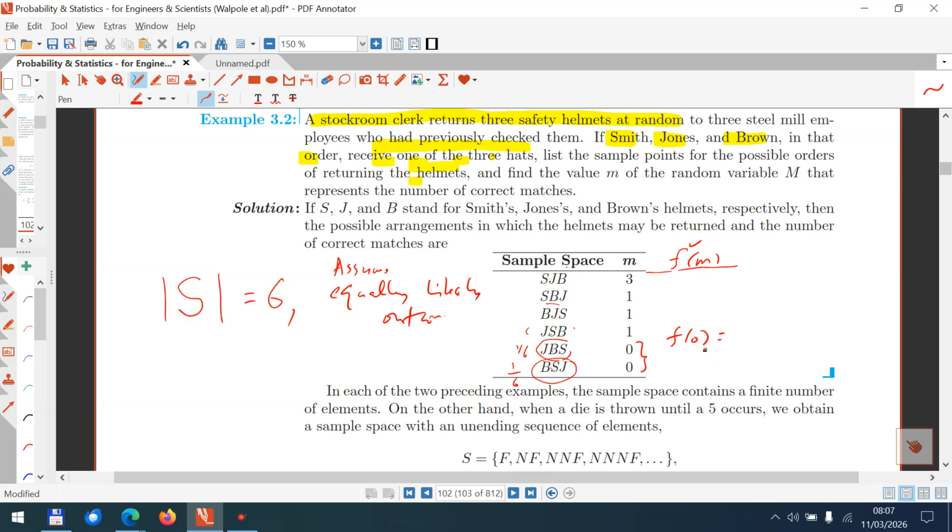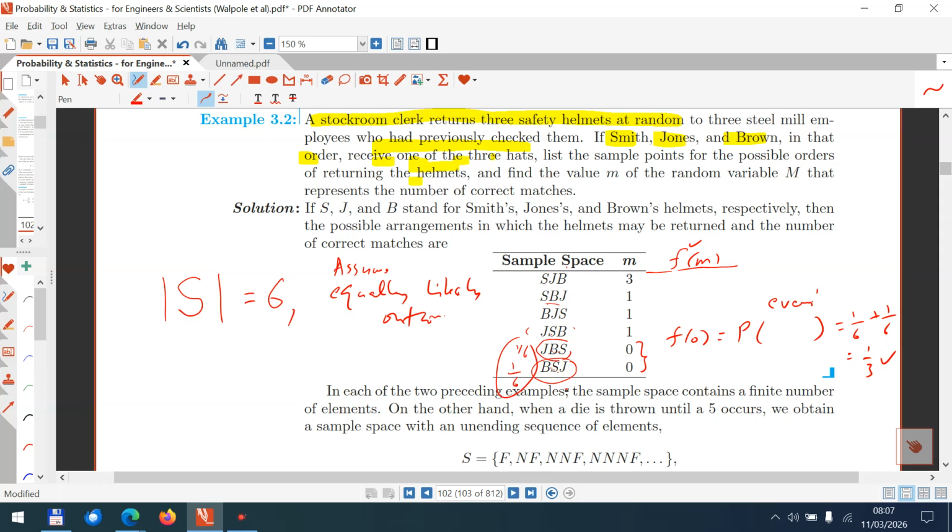F of 0 is the probability of the event in which all the sample points were given 0 as the value. So both these points were given 0. It means that I have to add these probabilities, right? So that's why it is 1/6 plus 1/6, and that is 1/3. This is the reason we get this value, right?